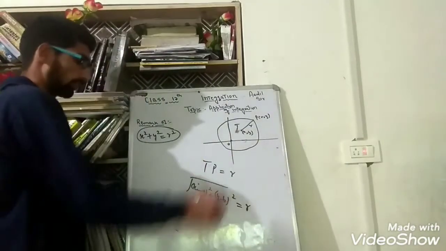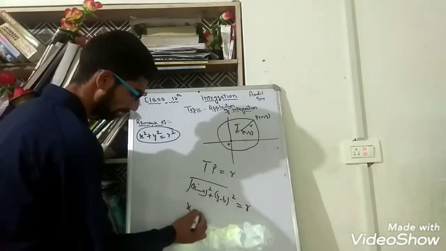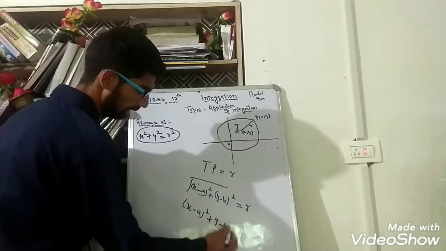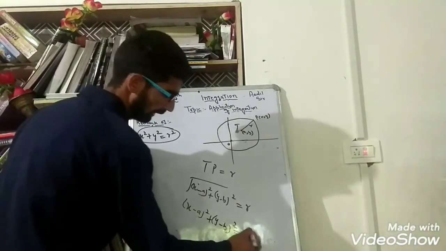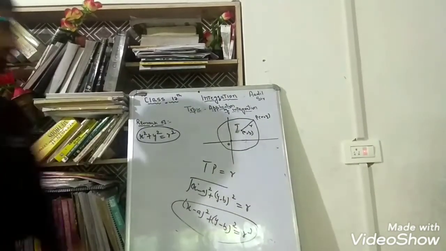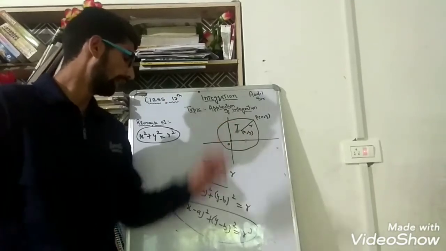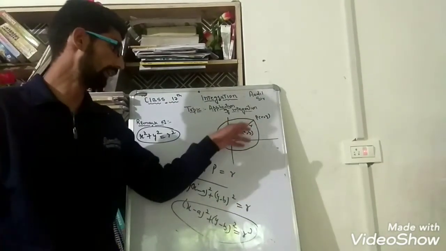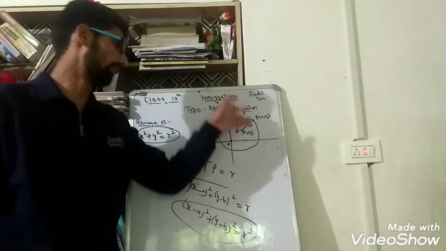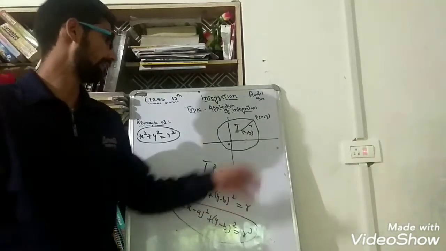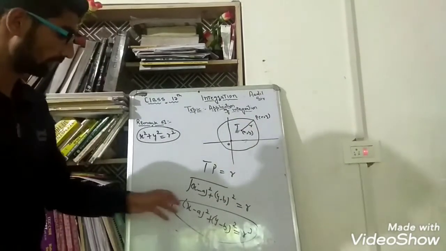When I square both sides, it comes out as (x minus a) whole square plus (y minus b) whole square equals r square. This is the equation of the circle when the center is (a, b) and the radius is r.